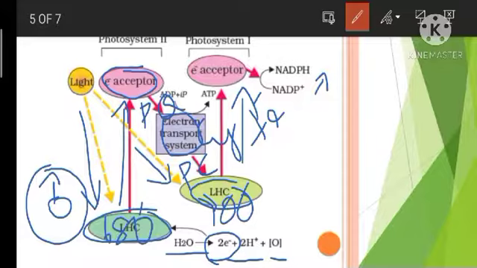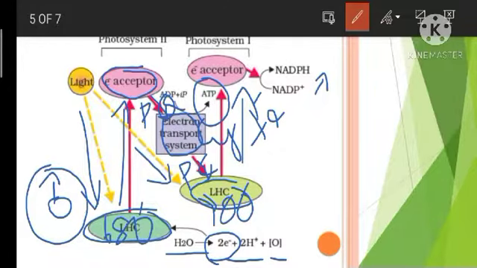Where will the ATP be synthesized? When the electron is transported downhill through the electron transport system, along with that hydrogen ions will also be released. That hydrogen ion will accumulate and it will be utilized for the synthesis of ATP. So what will be synthesized?